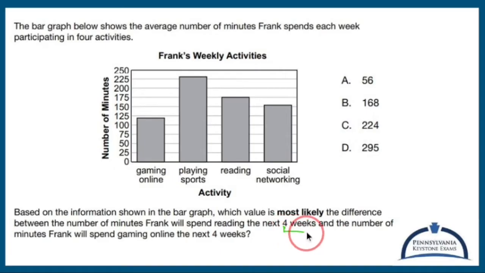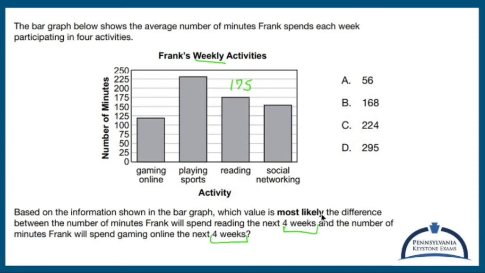And the trickery is these phrases. It doesn't say week. See, this is Frank's weekly activities. So this is the challenge that you have to do. We care about what happens with reading, and reading appears to be 175.